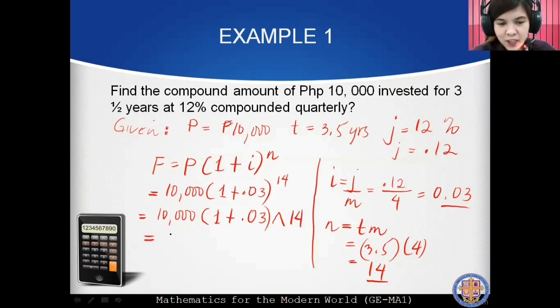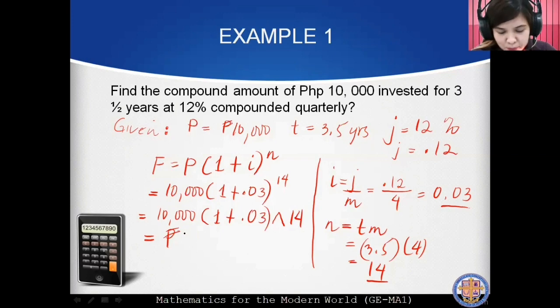As you press it, our answer for the compound amount is obtained directly using a scientific calculator. You can refer to your Android phone, because Android has power functions, raise to power, and even online calculators using the internet.